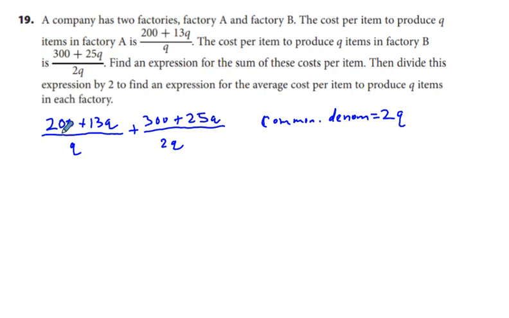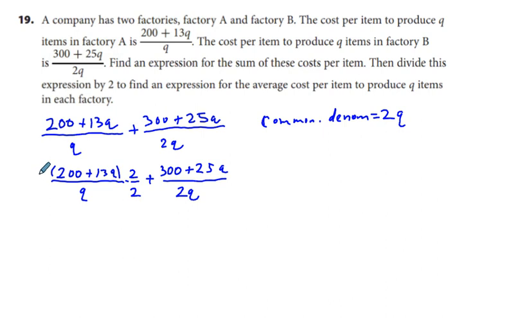So to do that, we're going to take this first fraction, (200 + 13Q)/Q, and multiply this whole first fraction by 2 over 2. And then we're going to add (300 + 25Q) over 2Q.